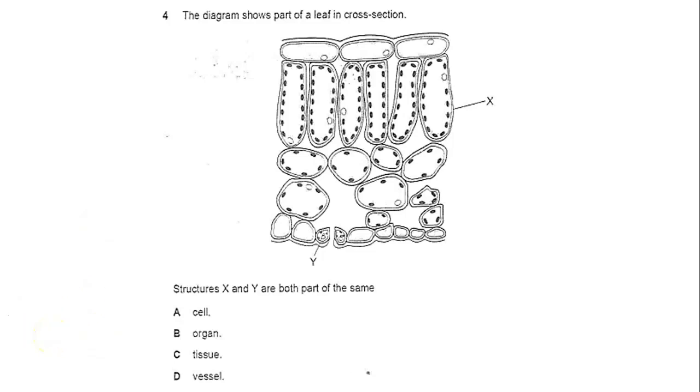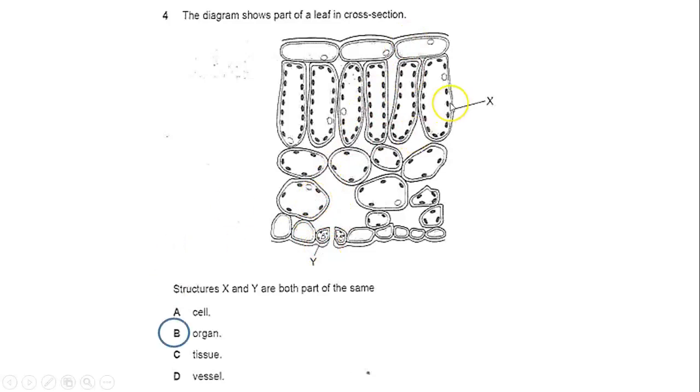The diagram shows a part of a leaf in a cross-section. So, as you see, the structures X and Y are both a part of the same cell, organ, tissue, or vessel. This is a palisade mesophyll cell, while this is a guard cell. They both belong to the same organ, which is the leaf.